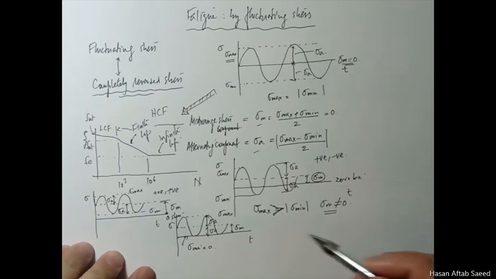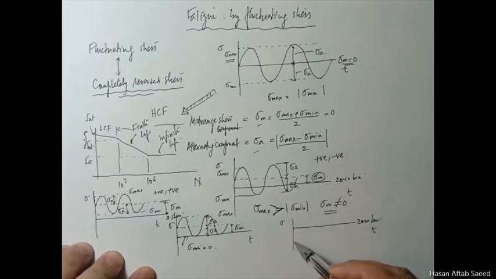And finally it could be something like this. This is the zero line, stress and time. You could also have this sort of a system. So let's call it, this one is positive 0.